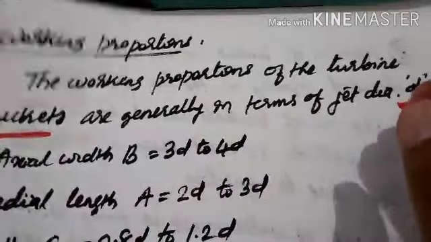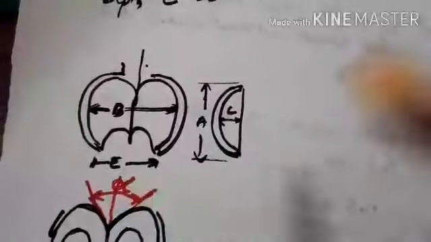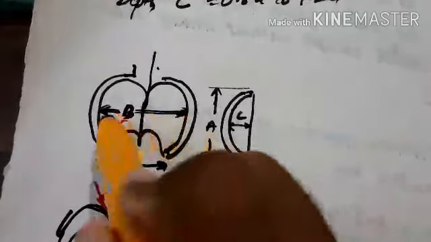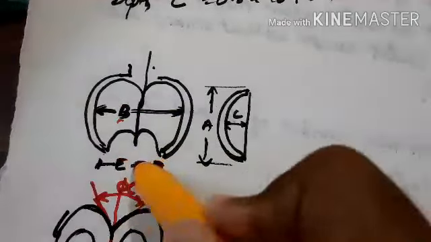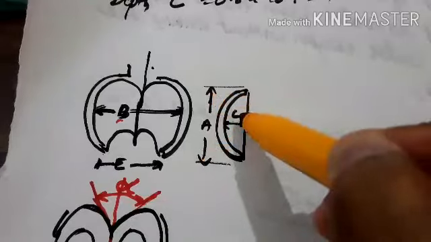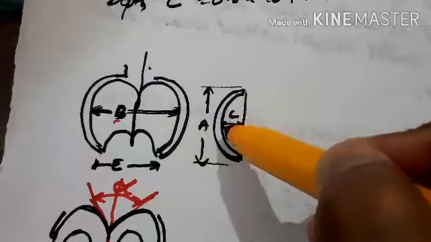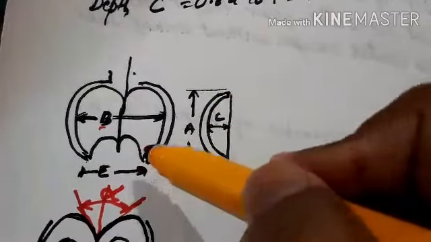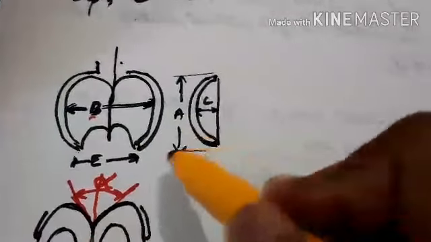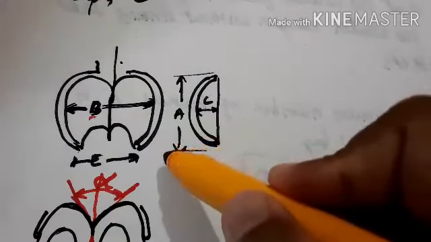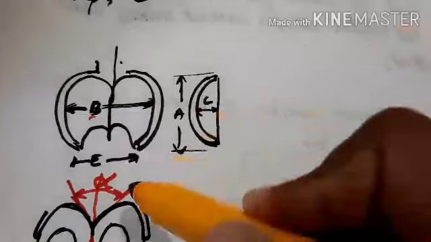So here I have marked the axial width, the groove width, the radial width, and this is the depth of the bucket. The shape of the bucket I have already shown in the previous lecture, the plan as well as the cross section.